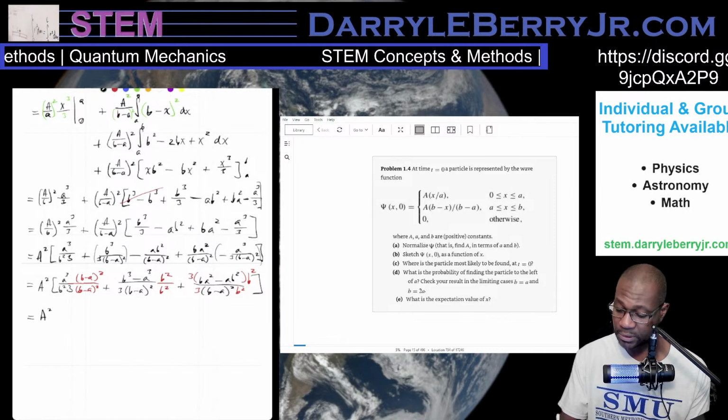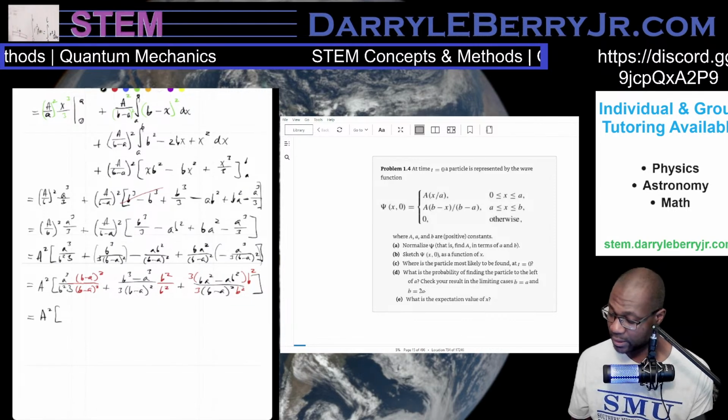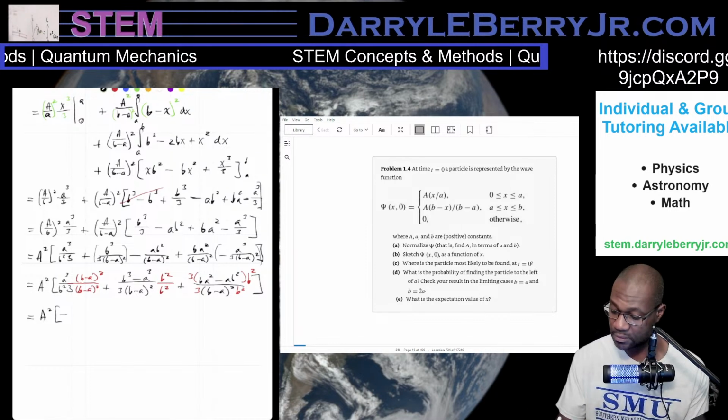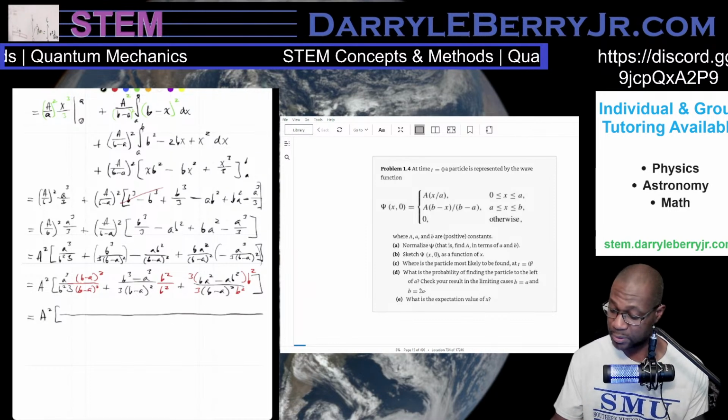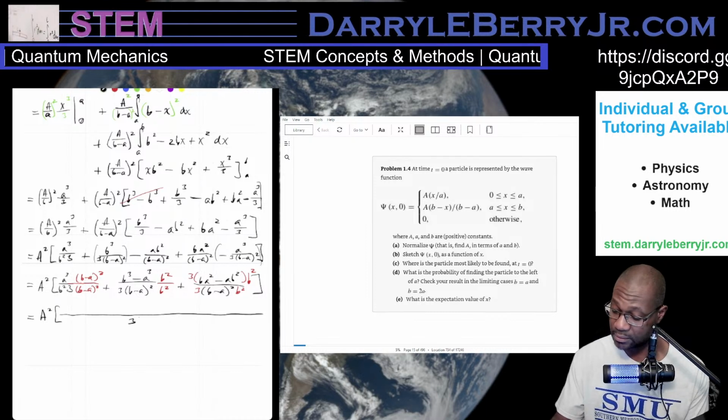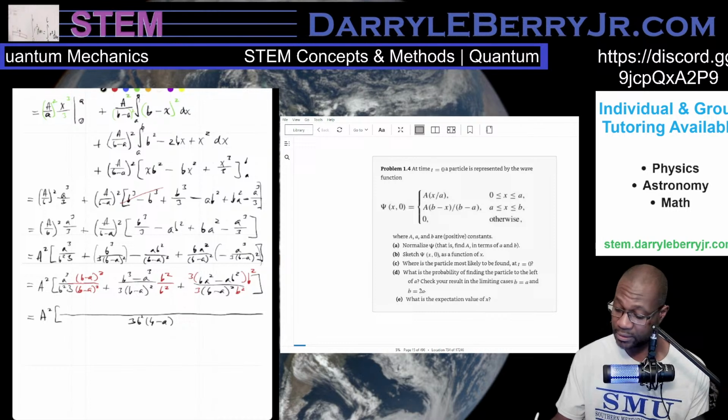Looking at this, the denominators are the same, so you can just plop that there and call this 3b squared, b minus a squared.